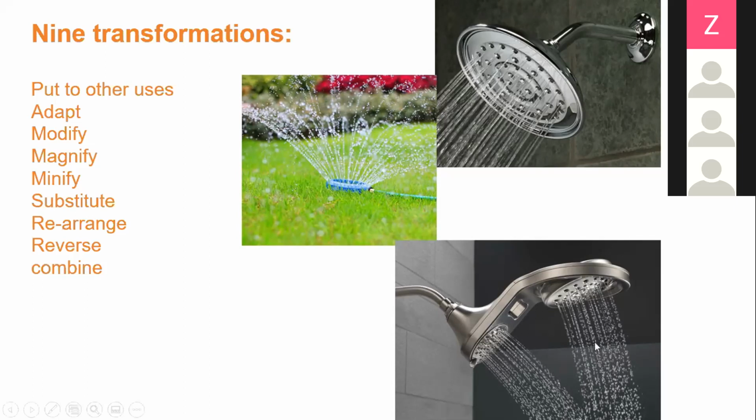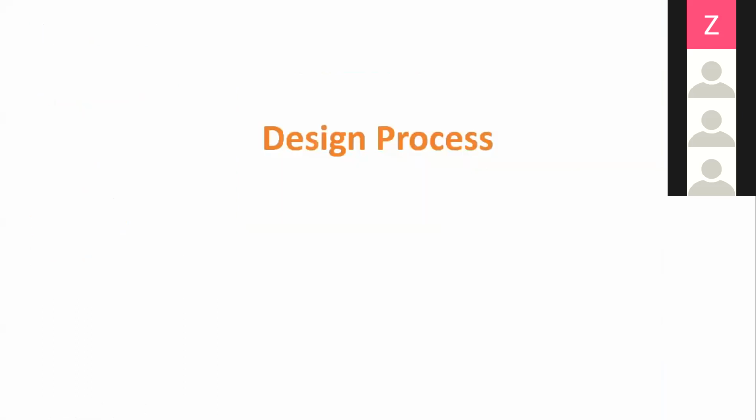Or can we substitute this to create another design of the shower which gives me another kind of experience? So here we have used put to other uses, and here we have probably used combining these two to give us another experience, like we are standing under a waterfall.